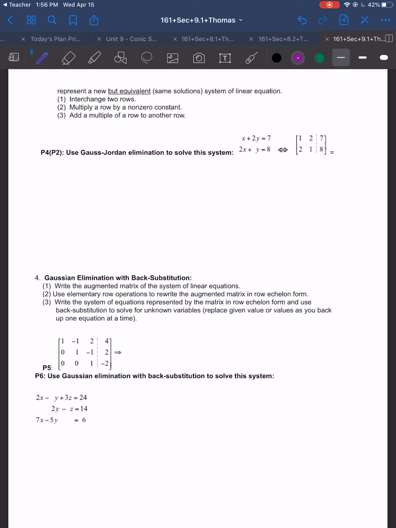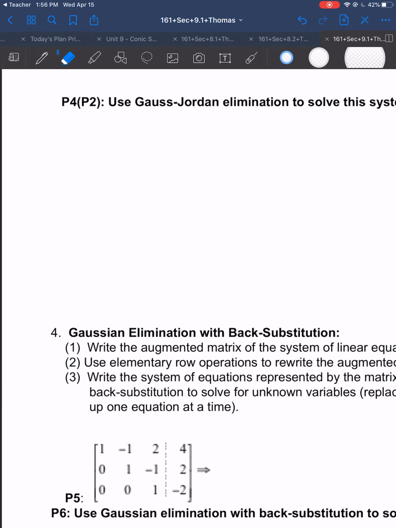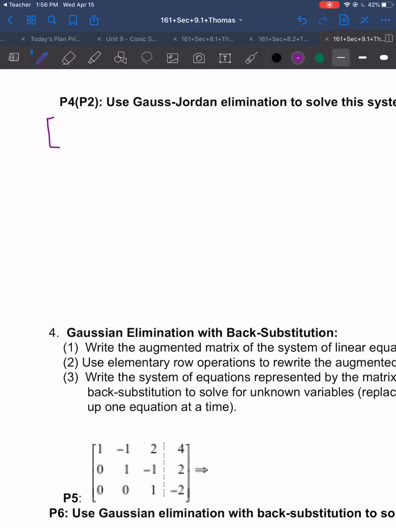So we're going to use the same one we made in the first example when we wrote an augmented matrix. Hang on, I'm just going to zoom in. So 1, 2, 7 and 2, 1, 8, and this will be row 1 and row 2.